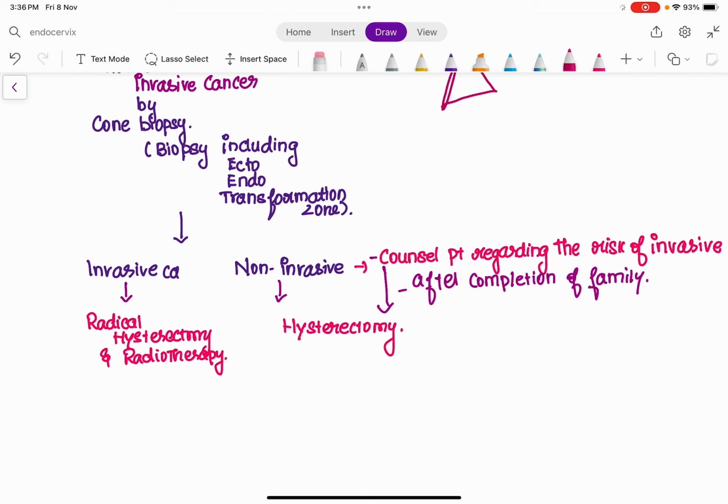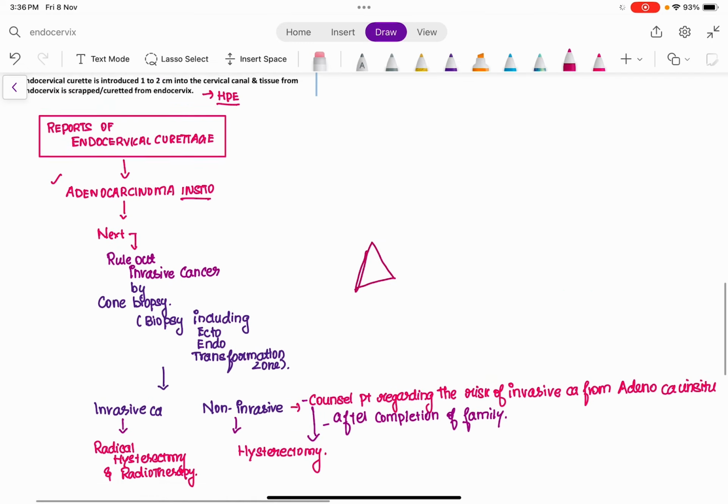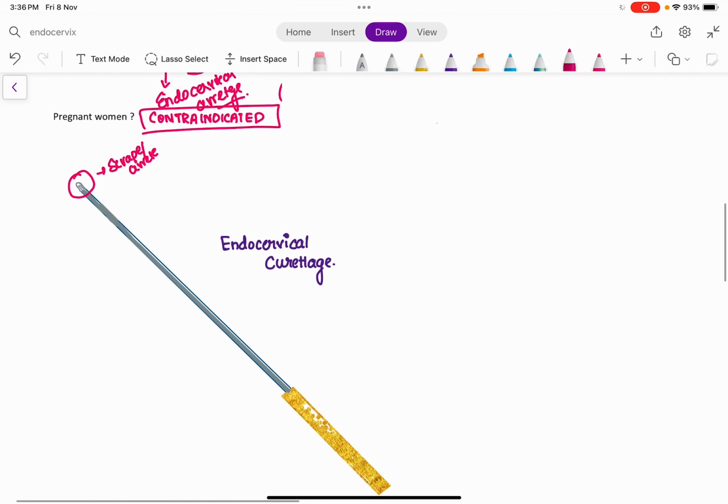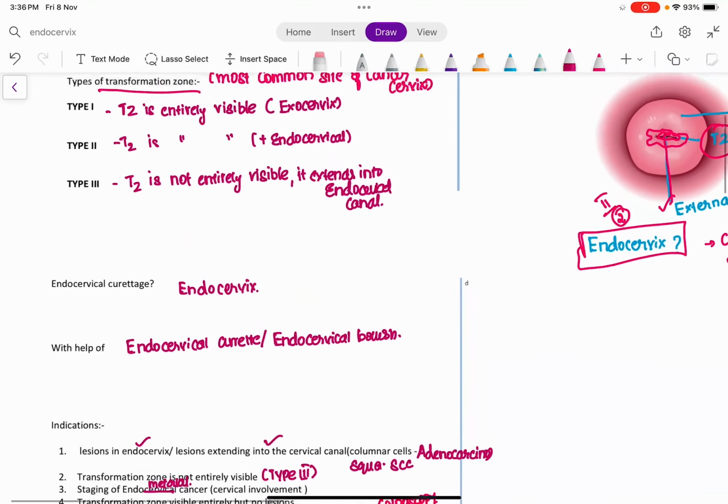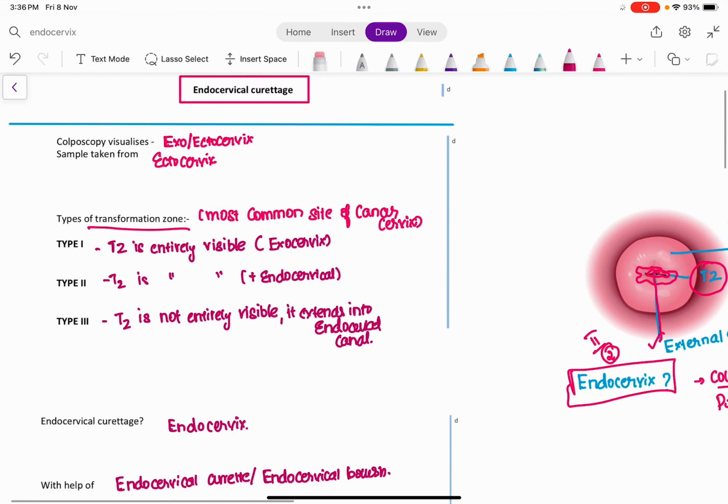So you have to counsel the patient regarding the risk, which overrides the benefits, and perform hysterectomy. So if it is non-invasive, just do hysterectomy. If it is invasive, do hysterectomy followed by radiotherapy.